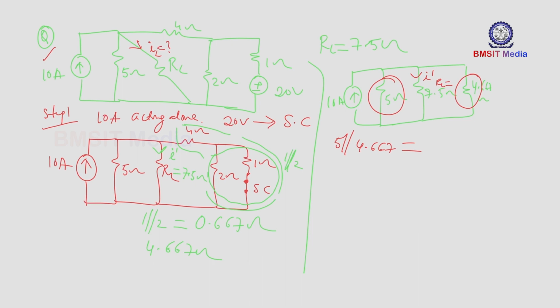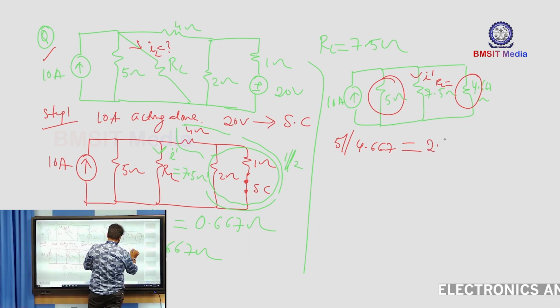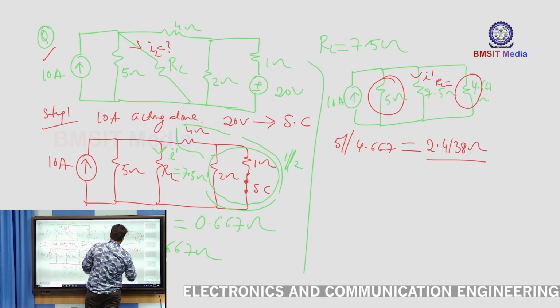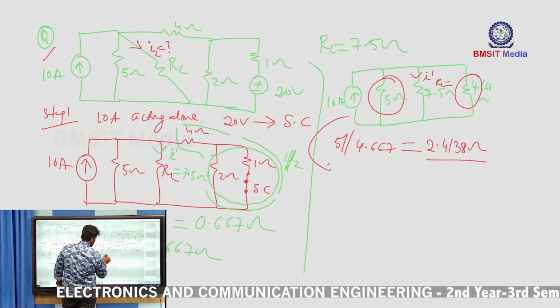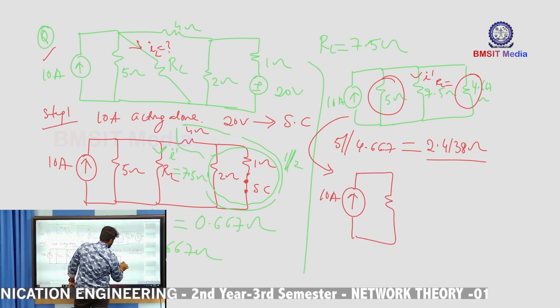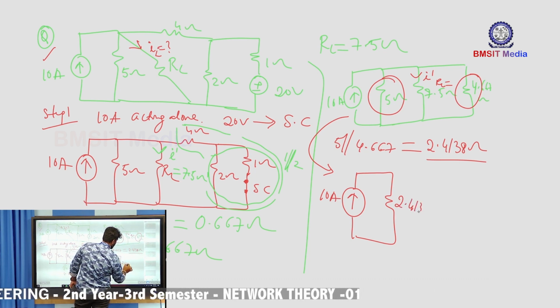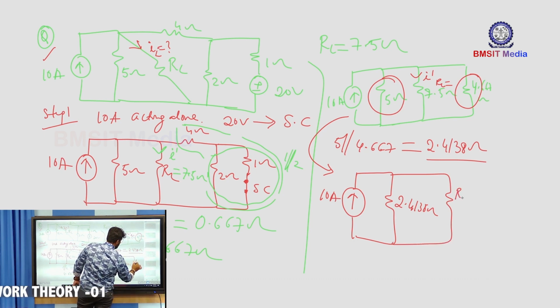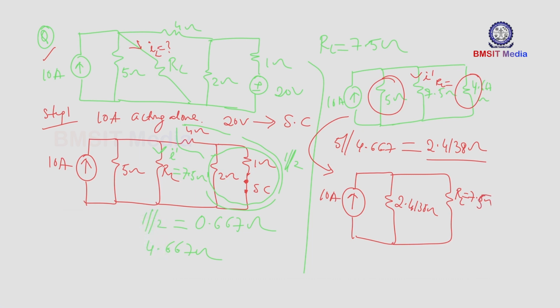The answer for this parallel combination is 2.4138 ohm. I will rewrite this network once again: a 10 ampere current source, this resultant resistance of 2.4138 ohm, and the RL value of 7.5 ohm. Now find out what is I, that is your I dash.